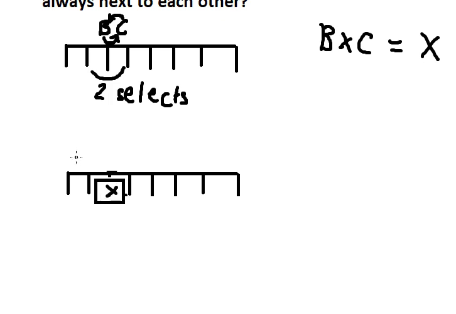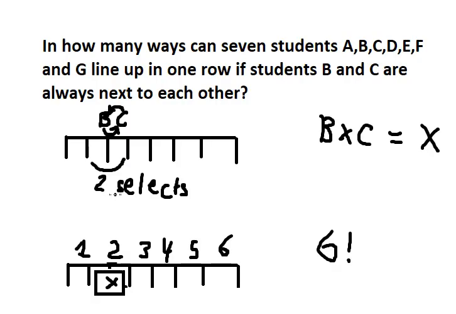So that means we have 1, 2, 3, 4, 5, and 6. So in this one we just have 6 locations. So we will have 6 factorial selections in here. So we have 2 multiplied by 6 factorial.